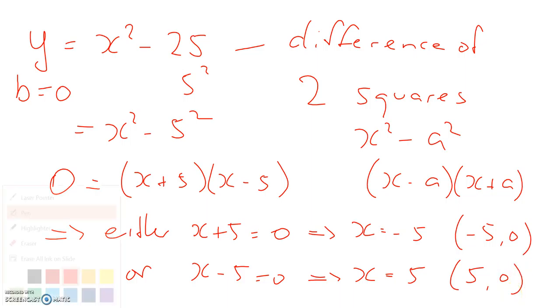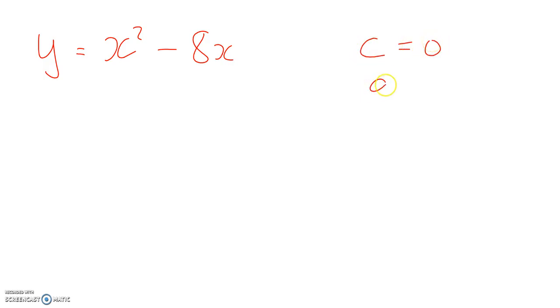Okay, let's try another example. Try y equals x squared minus 8x. So this is a case where c equals 0, and of course we've still got a equals 1.